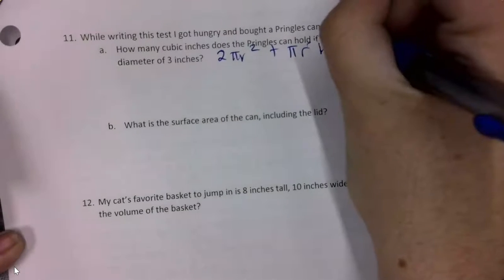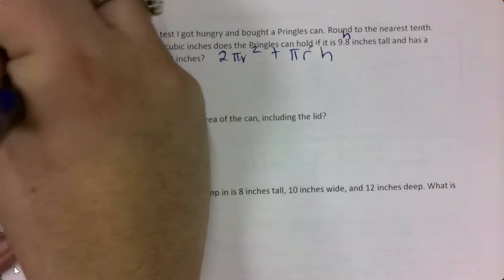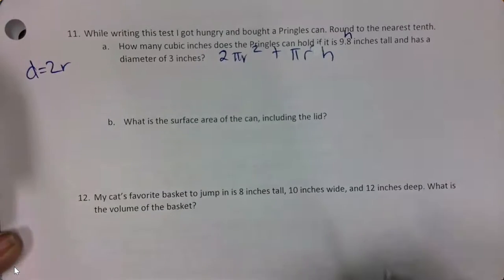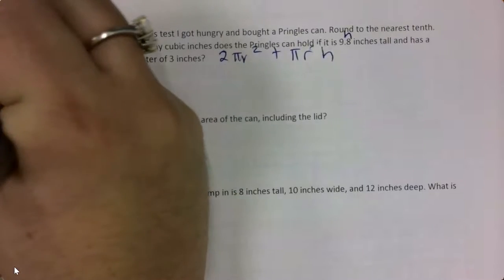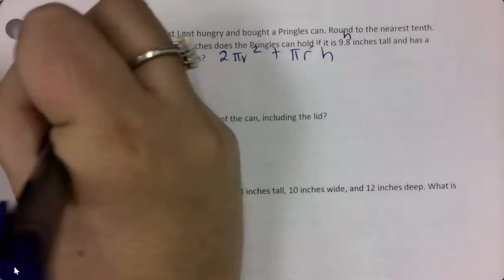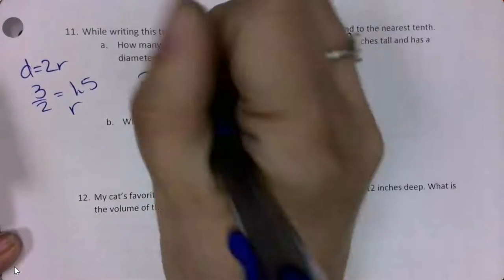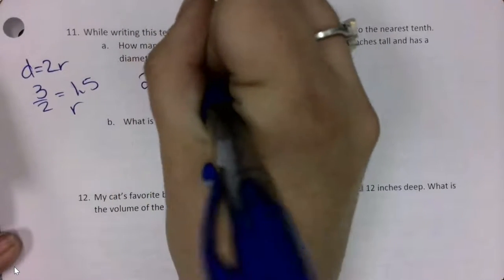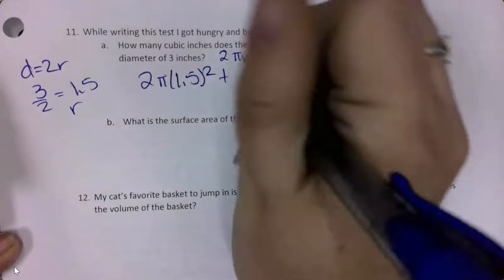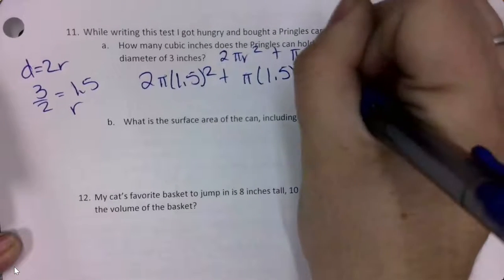Then I just want to figure this out. So my height of the can is 9.8, and it tells me my diameter. So remember, diameter is twice the radius. So if I take 3 and divide by 2, I get 1.5 for my radius. And I just want to plug in. I'm going to have 2 pi times 1.5 squared plus pi times 1.5 times my height of 9.8.